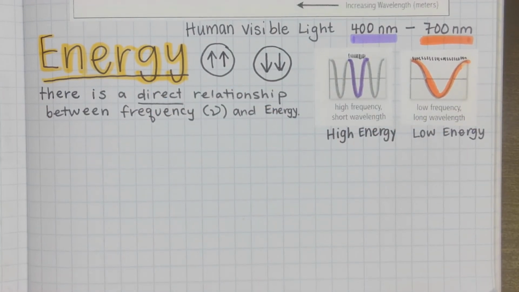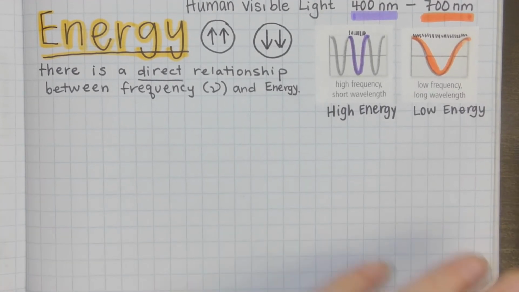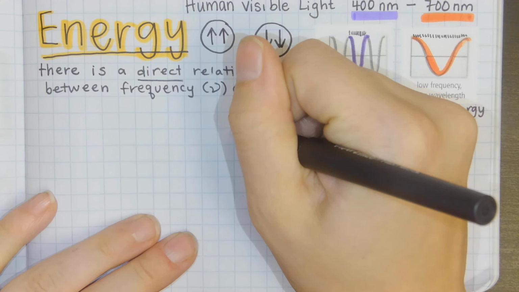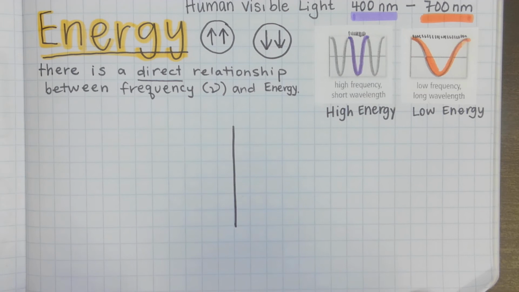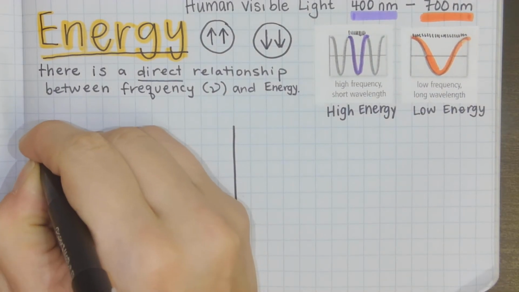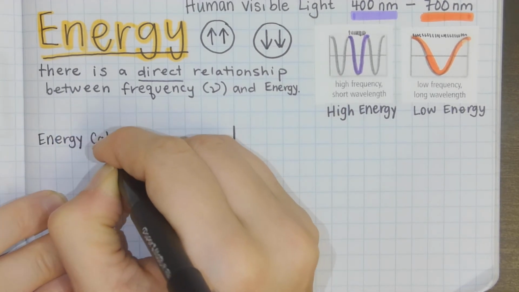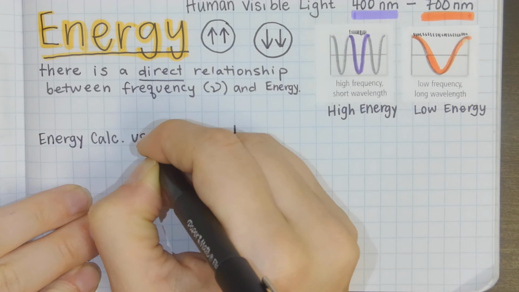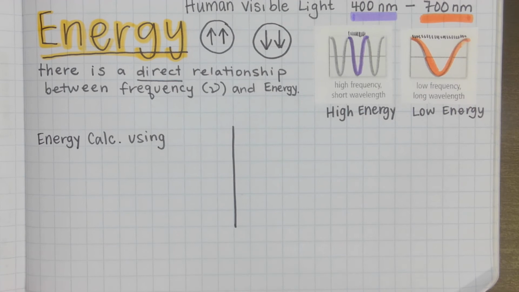One way that we can calculate energy is using the wavelength, and the other uses the frequency. So let's make a little T table, like a little chart. There's two different ways to do it, so I want to have both of them and compare. Over here, let's put the energy calculation that's using wavelength.